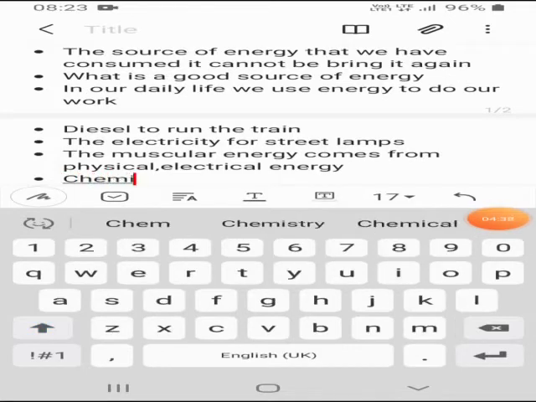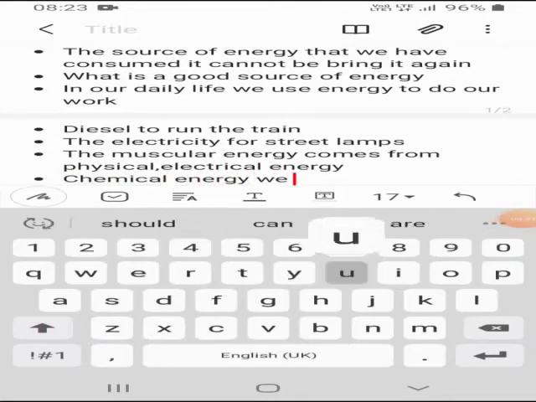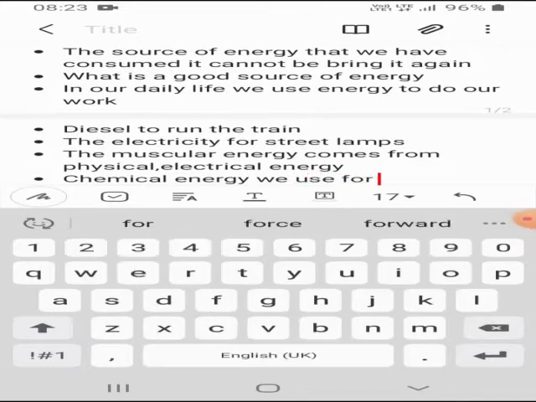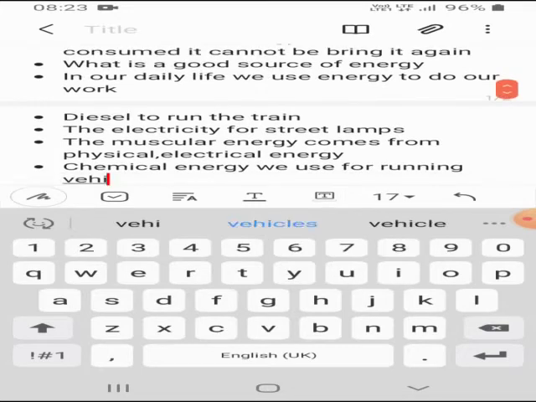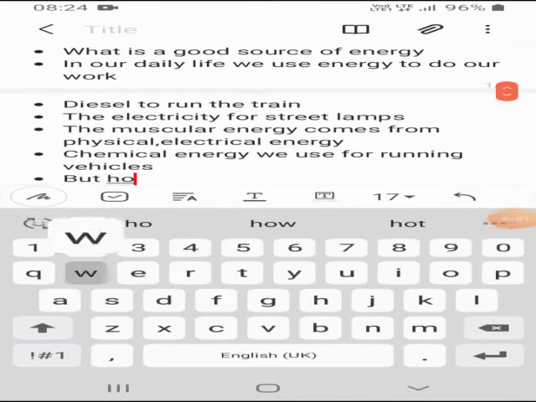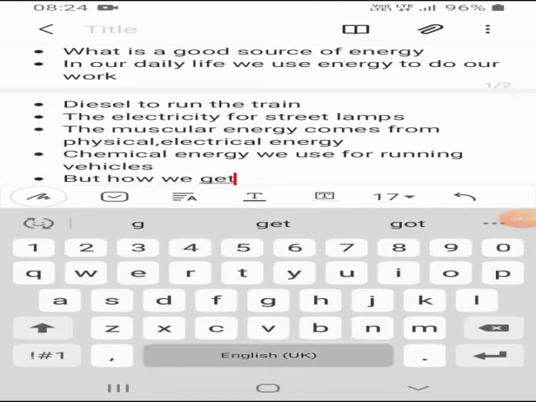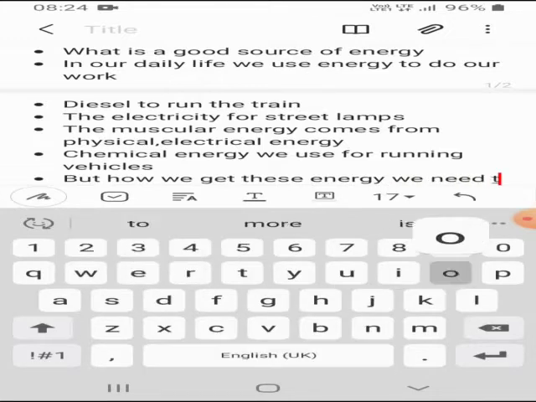Chemical energy we use for running vehicles. We use chemical energy, but how we get this energy, we need to know.